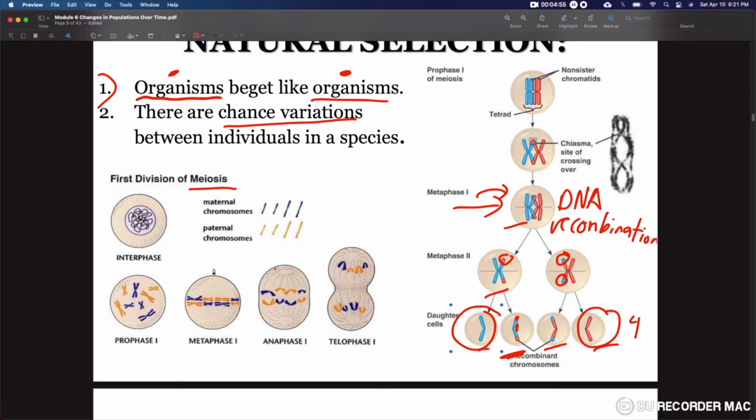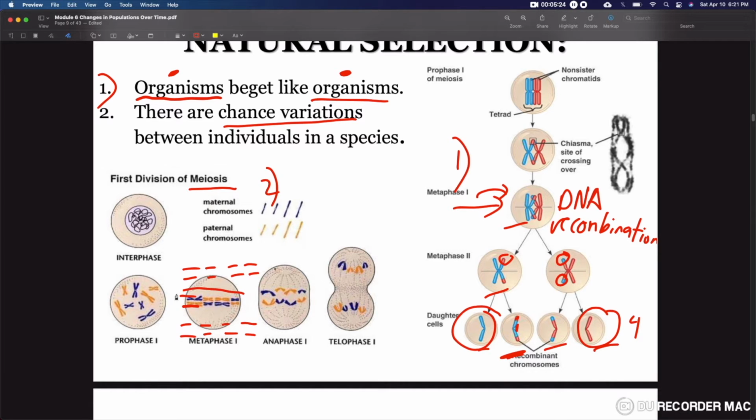And in your meiosis also, aside from recombination, your paternal and maternal chromosomes, the chromosome from your father, the blue one, and the chromosome from your mother, the orange one, can rearrange independently. It can be blue, blue, blue, blue, orange, orange, orange, orange, or it can be blue, orange, blue, orange, blue, orange, blue, orange.